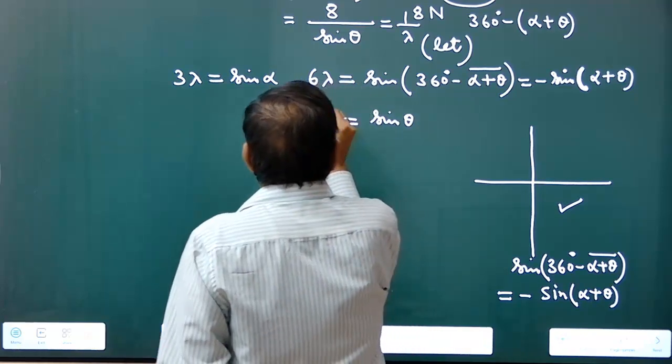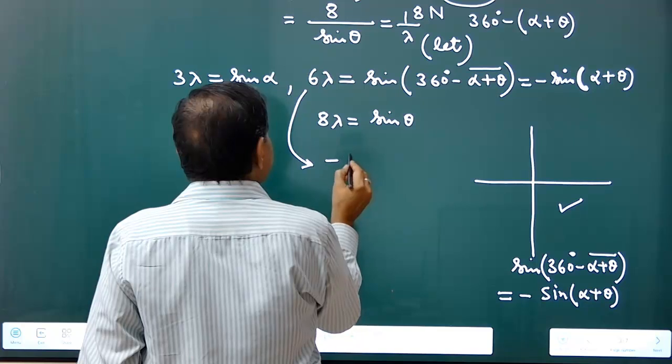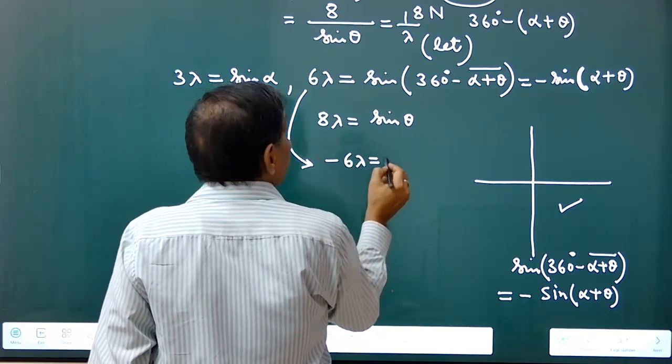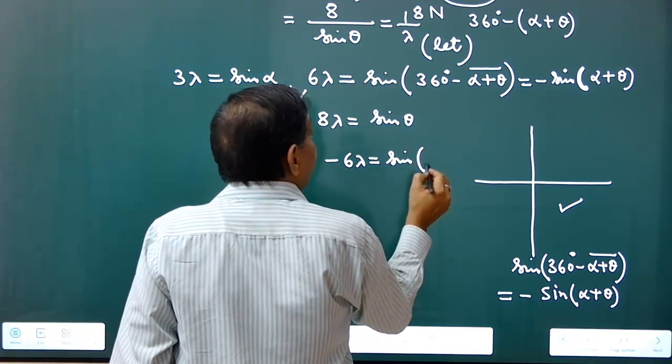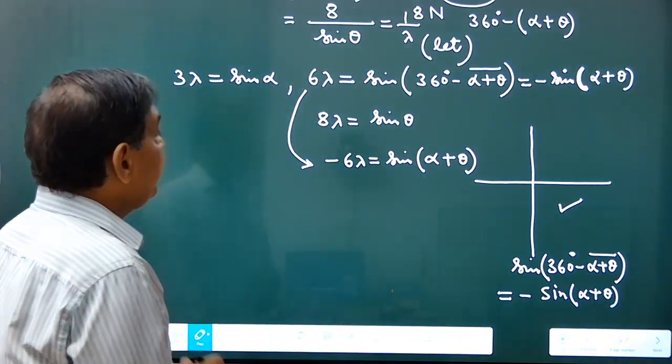So this equation can be written as minus 6 lambda is equal to sine (alpha plus theta). Clear?